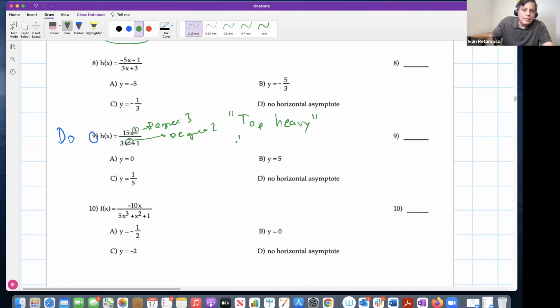For top heavy, the conclusion is no horizontal asymptote, and it will be clearly stated that you're gonna go for this, no horizontal asymptote, right? Very good, very good. The others, guys, do them at home, figure them out, okay?